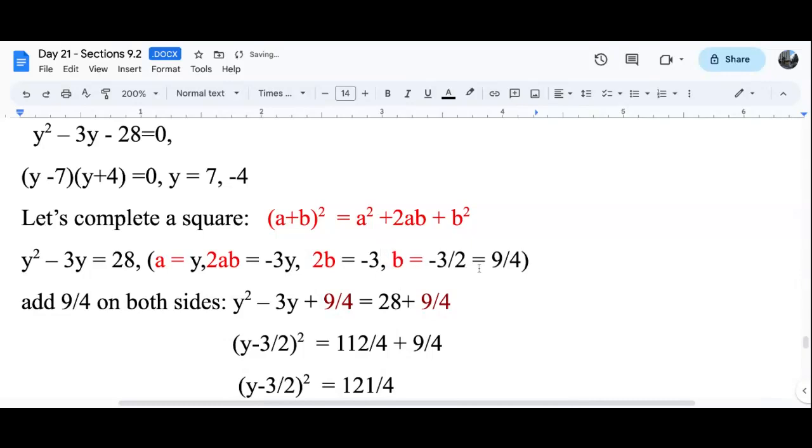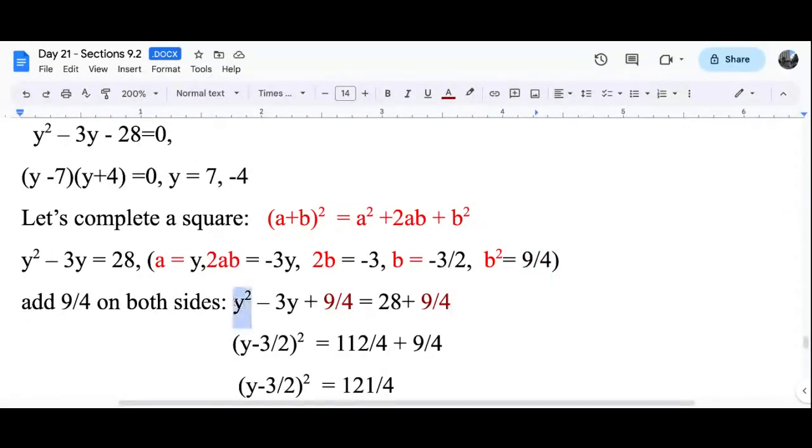Hence b is negative 3 over 2. But then what's b squared? 9 over 4, right? Negative 3 squared is positive 9, 2 squared is 4. So b squared is 9 over 4.